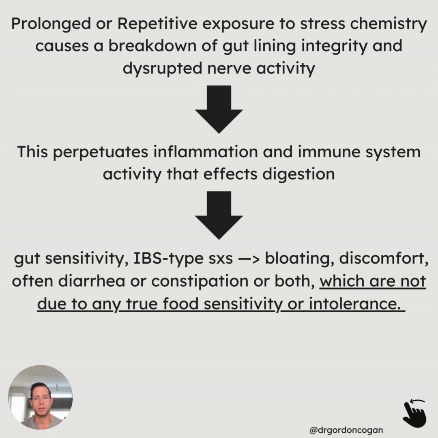One of the variants, IBS-D, which is the diarrhea type, IBS-C, constipation type, or a mixed type. Without trying to pigeonhole that into a diagnosis, this is something that's not related to any true food sensitivity or intolerance.